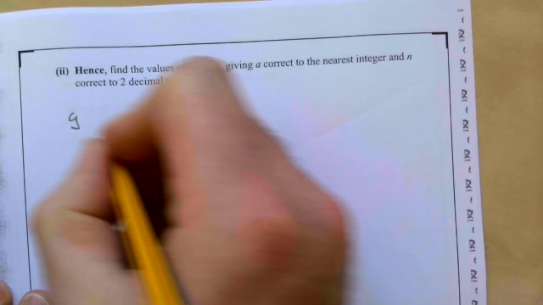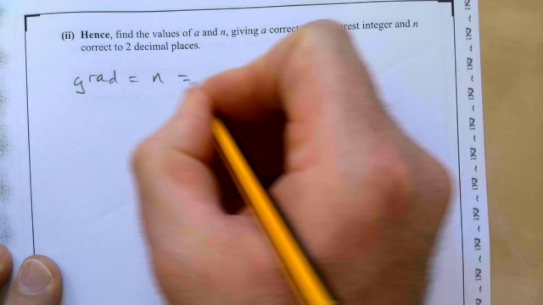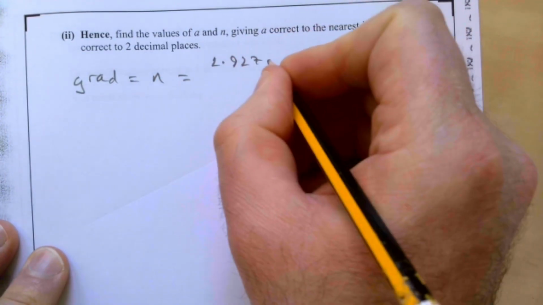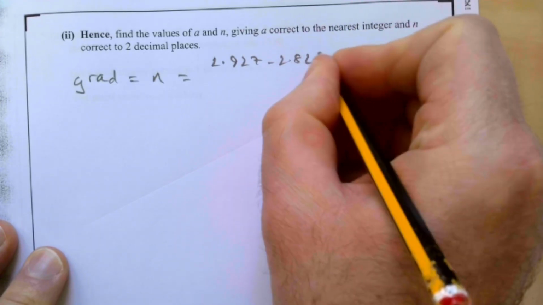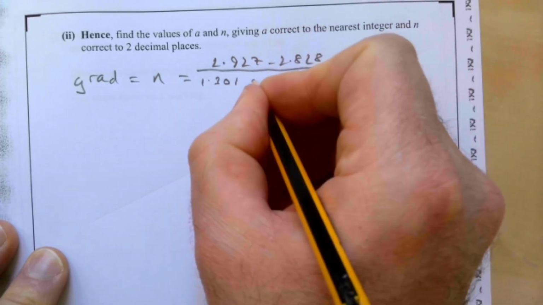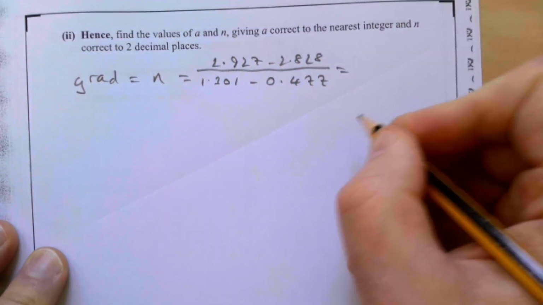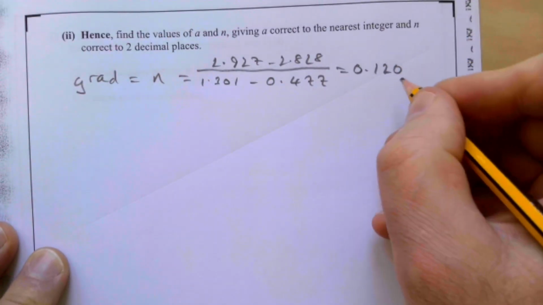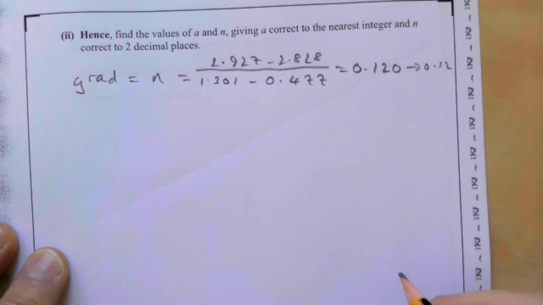So our gradient, which equals n, is going to be y2, which is 2.927, see where I'm getting that from the table, not from the graph, minus 2.828, all over 1.301 minus 0.477. Again, stick that into your calculator, you will get 0.120. So we're going for 0.12.